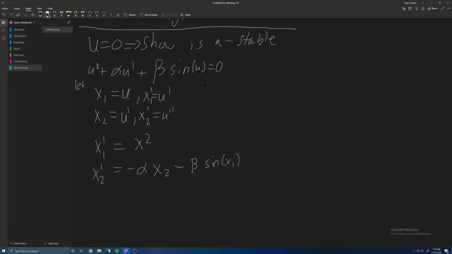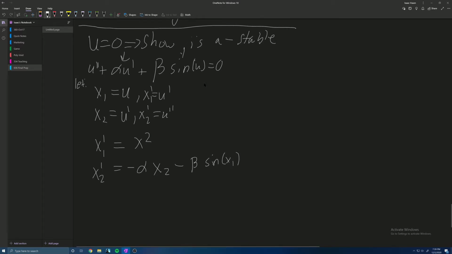I subtracted these two terms from both sides right there to get this part, and I just substituted in the x values where appropriate for u and u prime and so forth.